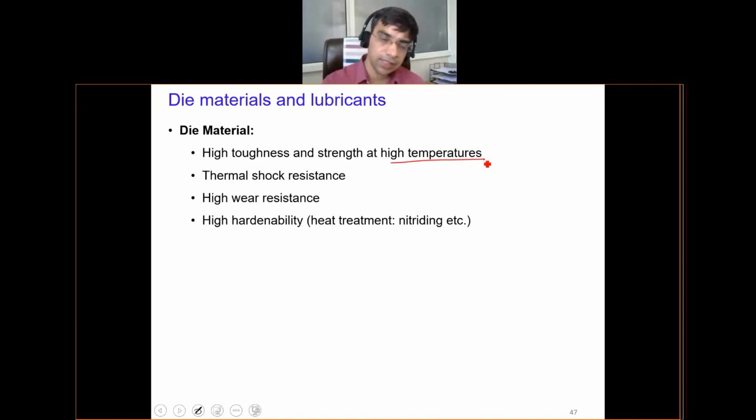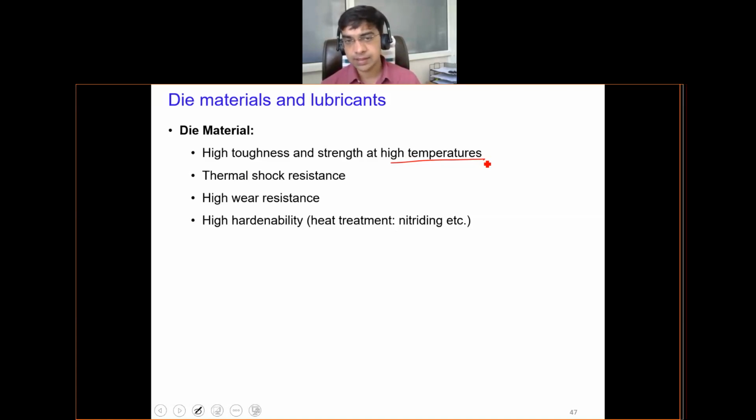Toughness is the ability to absorb shock or impact energy, and strength is the ability to take external loads. Thermal shock resistance should be higher, because in the forging process quick temperature variations happen when you apply the lubricant which is at room temperature. Then it should also have high wear resistance.